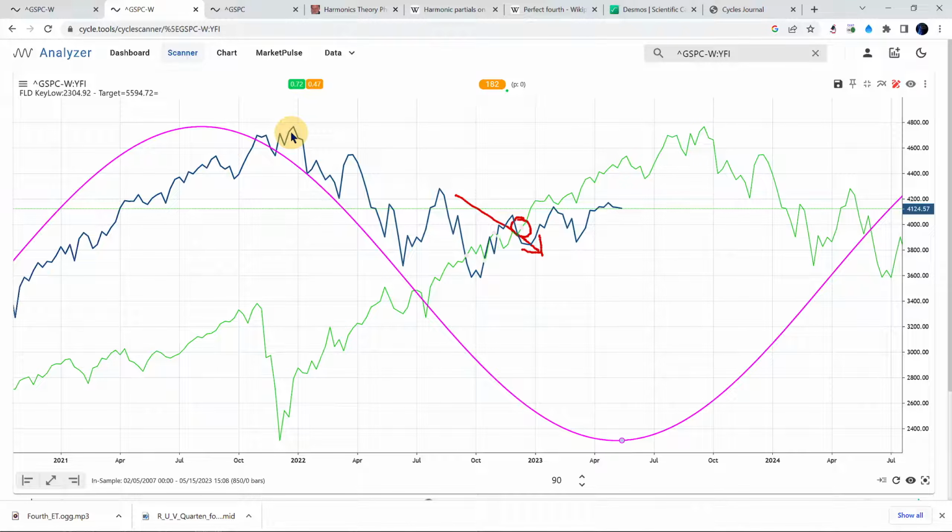It's a very lagging information, but this is the confirmation that the 182-week cycle has topped at this past high here, because that's the confirmation at this given point in time. We are crossing below, the confirmation of the top is in. And based on that information, we can now derive two very important pieces of information.